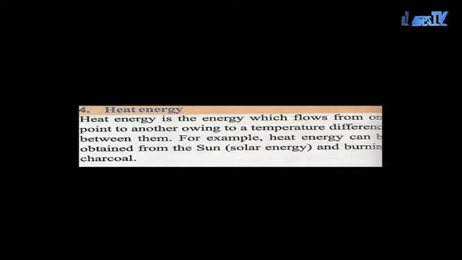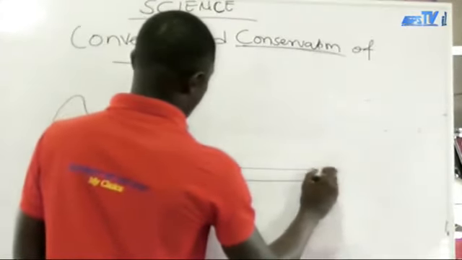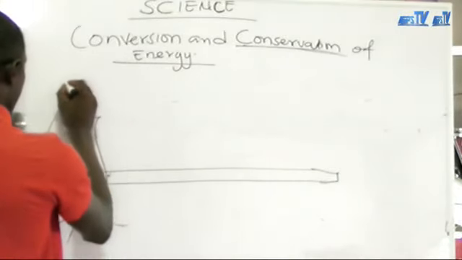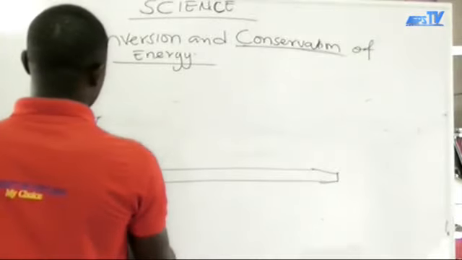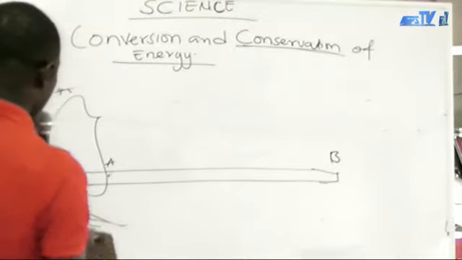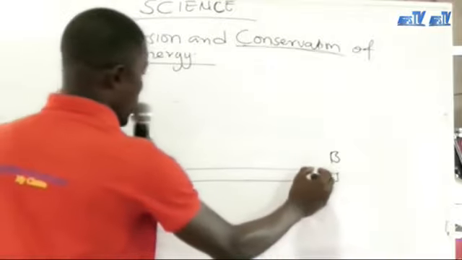Now, for example, if I have a source of heat here, and I put a metal rod here, here is point A, and here is point B. So the temperature of point A will be different from the temperature of point B.